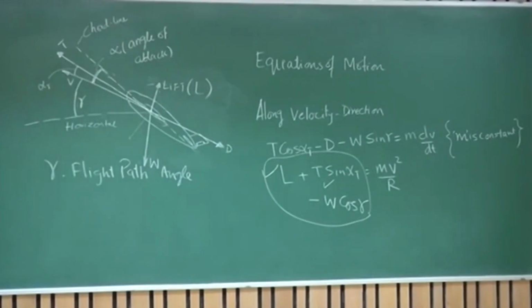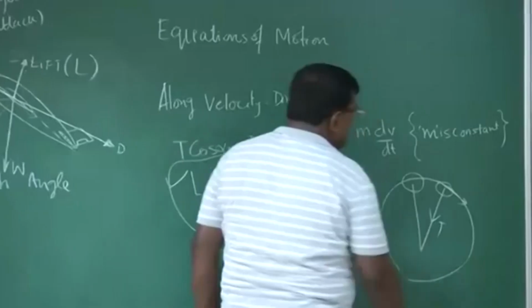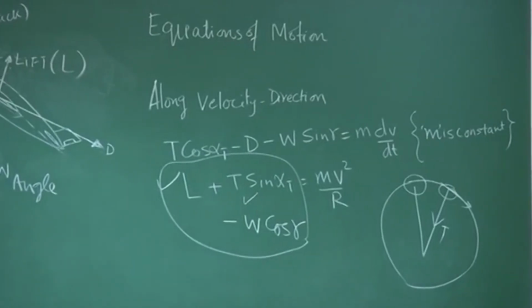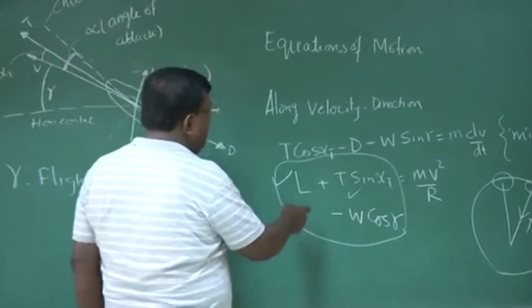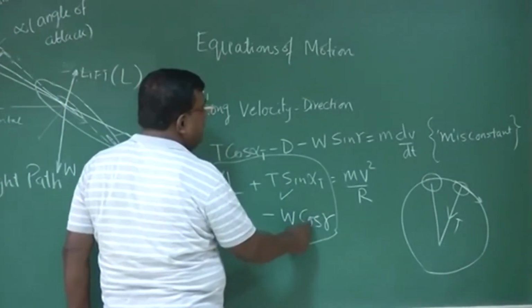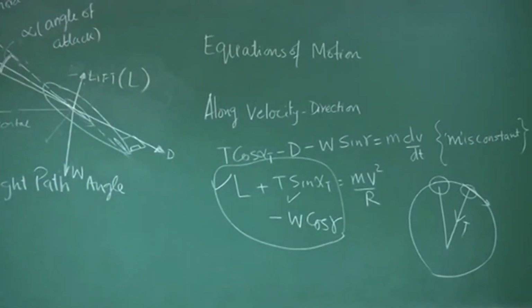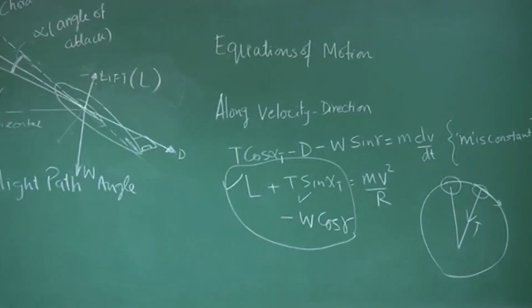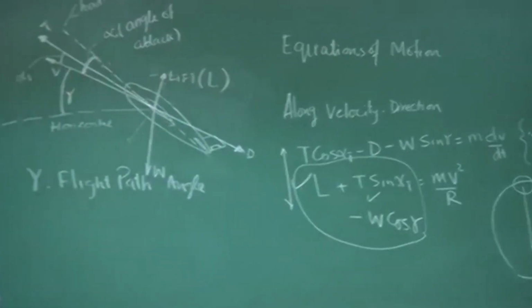Right? Similarly here also, this net force L plus T sin alpha t minus W cos gamma will try to change the velocity vector, the direction of velocity, and in turn it will generate centripetal acceleration. So these are the two equations we will be using to derive something of very, very great importance.